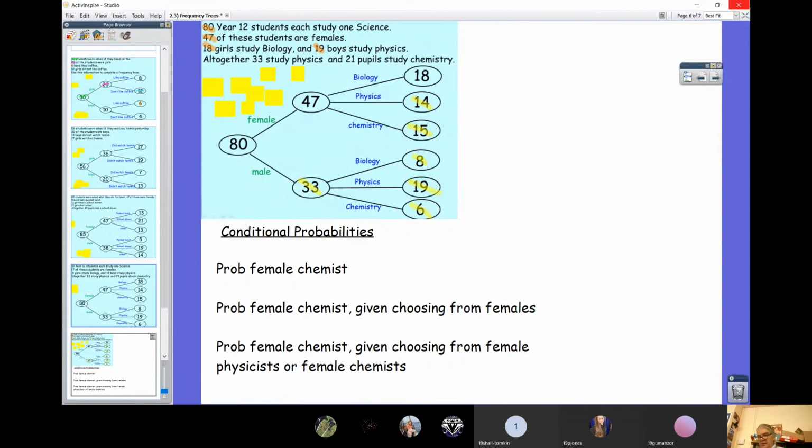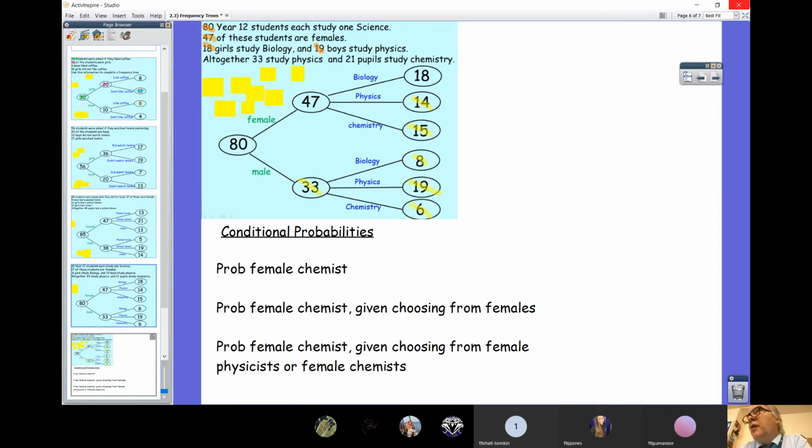So what I want you to do, whether you're at home or in school, is squeeze onto the worksheet somewhere this subtitle, conditional probabilities. If you haven't got much room, then you're going to have to do it in your book. But obviously, the closer you can get it to that frequency tree, the better.